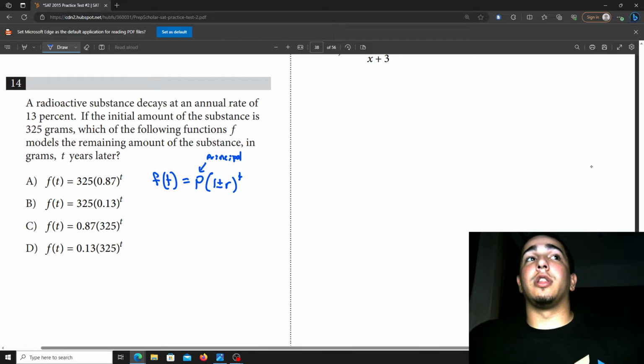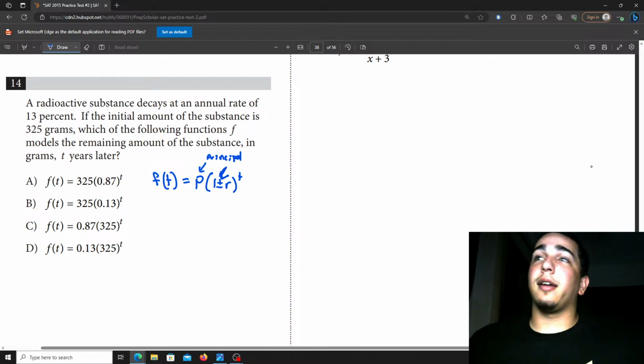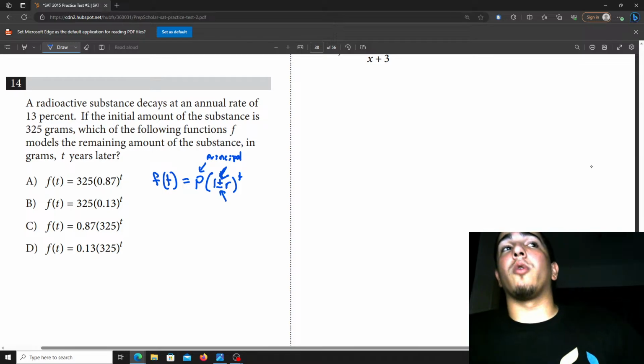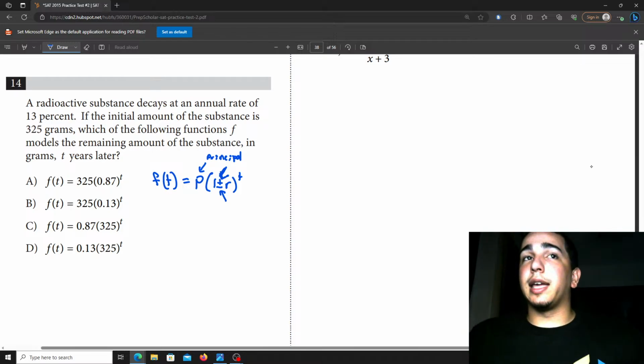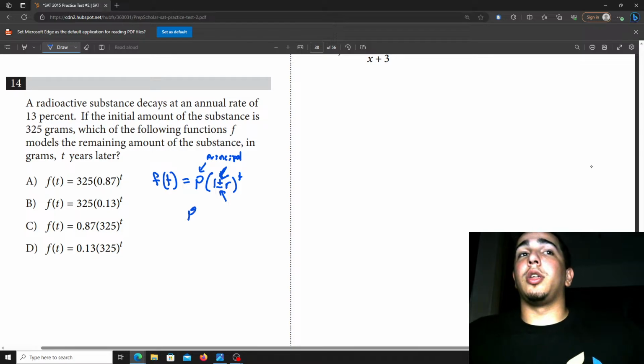Now, if the example that they're discussing talks about exponential growth, we would use the plus. If whatever they're talking about talks about decay, we're going to use the minus. Since we're talking about radioactive substance decay, the formula we're going to use is p times 1 minus r to the power of t.